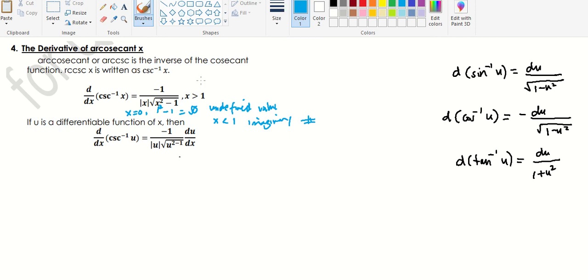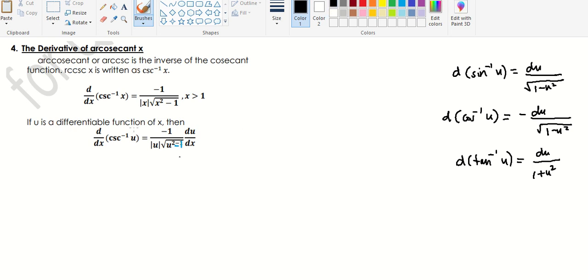So, if u is a differentiable function of x, then the derivative of arc cosecant u is equal to negative 1 over absolute value of u, square root of u squared minus 1. Okay, dapat ito po ay nasa baba, hindi nasa taas. Okay, times the derivative of u.